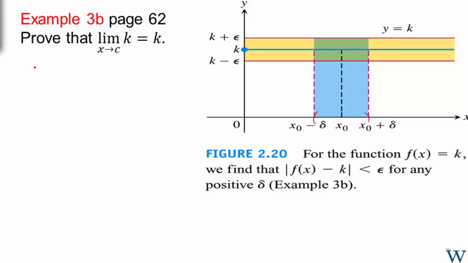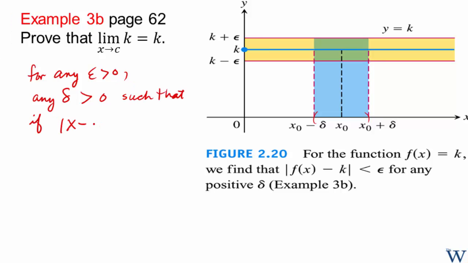So for any epsilon greater than 0, any delta greater than 0, such that if the absolute value of x minus c is less than delta, then our epsilon inequality will always hold.